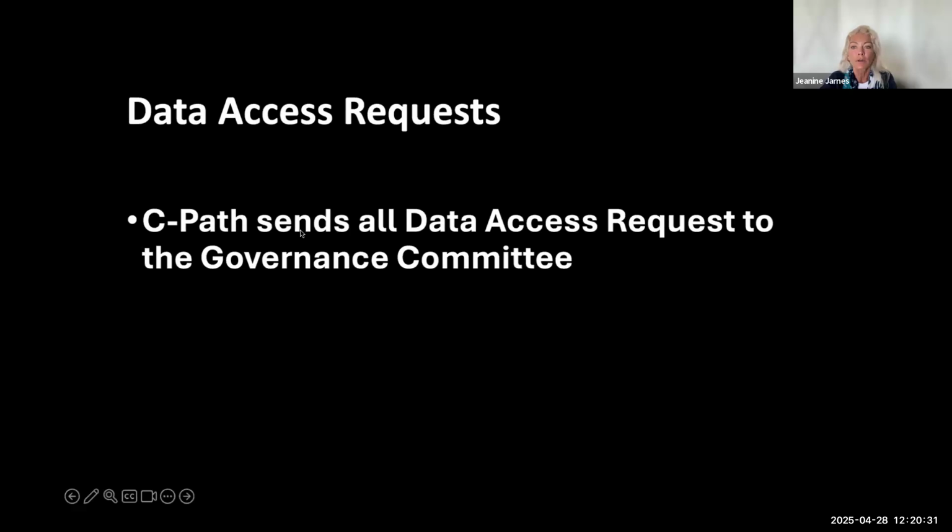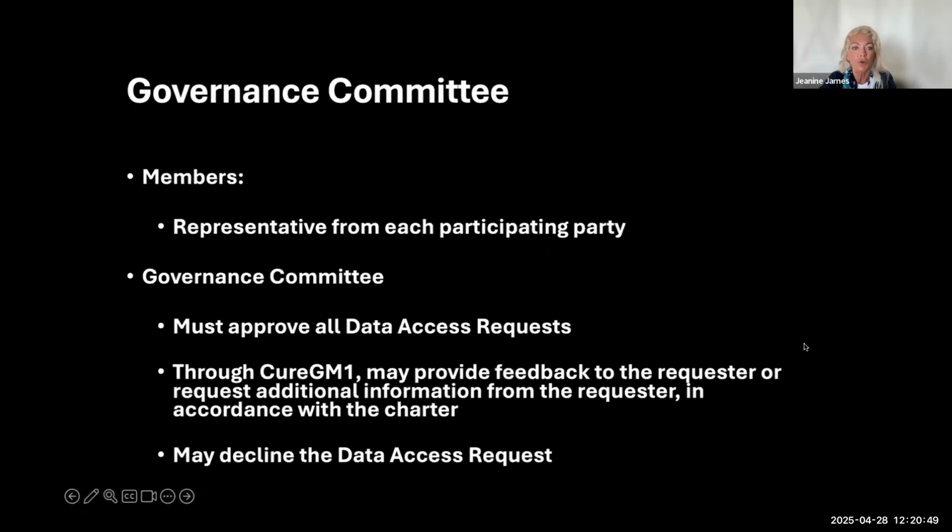C-Path sends all data requests to the governance committee, and I'm really excited about this governance committee. I will be the person representing my study on the governance committee. And that gives me some feeling of control over this in terms of how the data is interpreted, who accesses it, how we publish it.